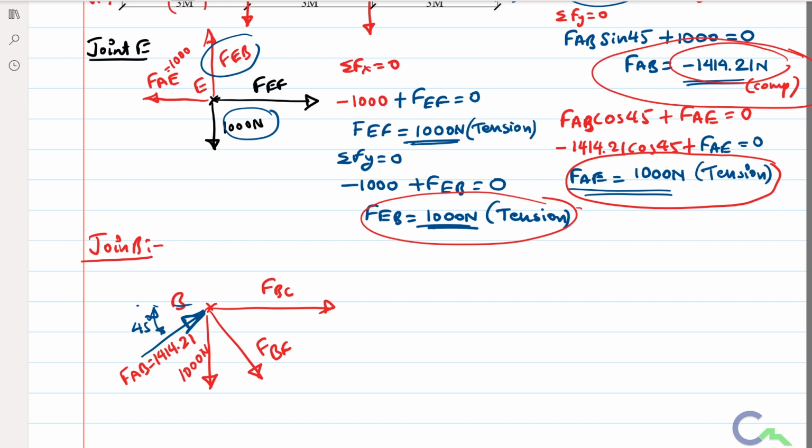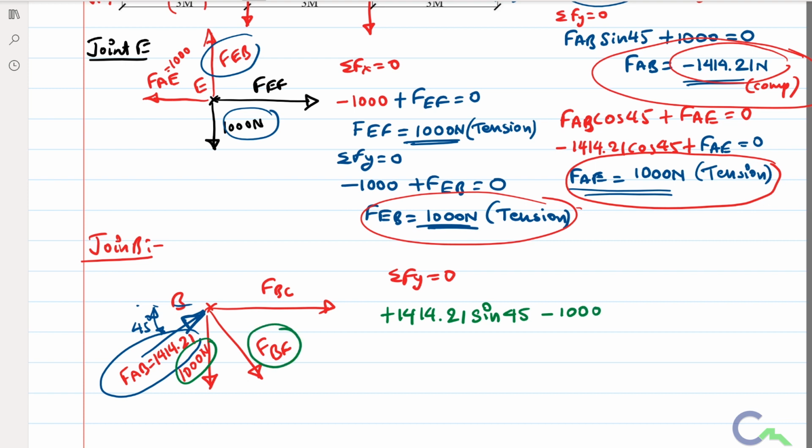So now I have to apply the equilibrium condition about B. So summation of vertical forces is equal to 0. If I resolve that FAB in vertical direction, 1414.21, angle is given with respect to horizontal. I am resolving in vertical, therefore sine 45. Then we have 1000 Newton, which is acting exactly downward, therefore minus 1000. Then FBF.